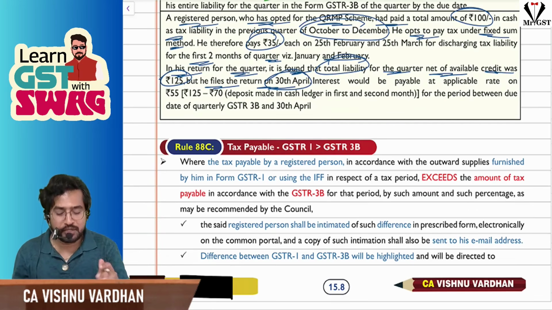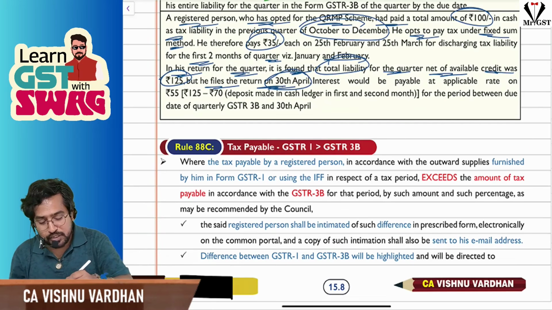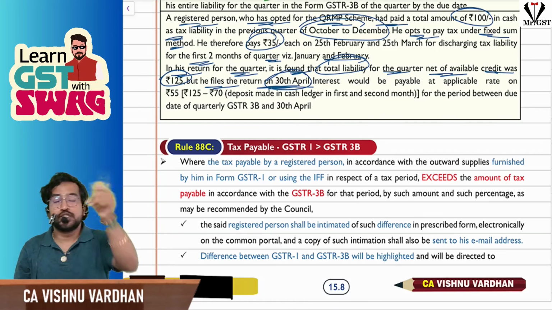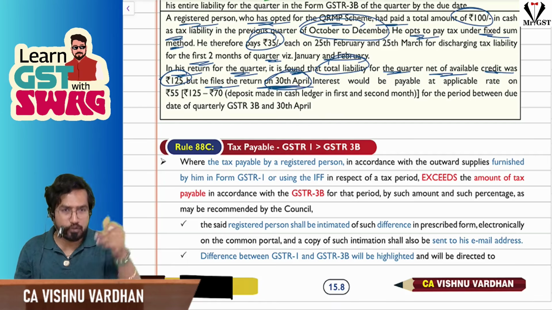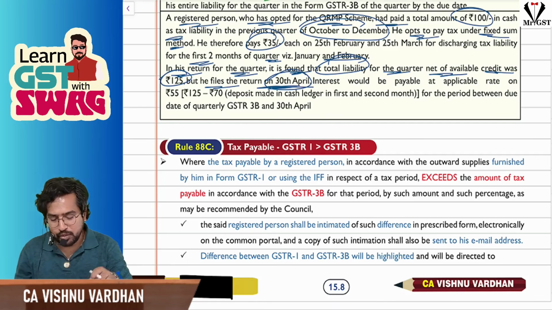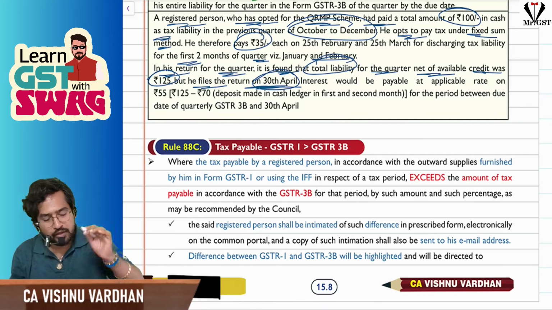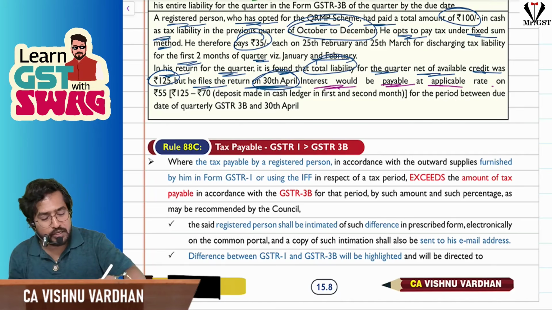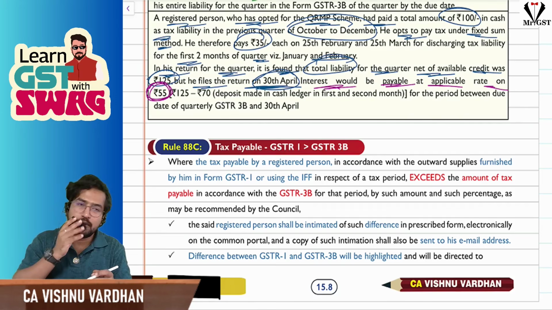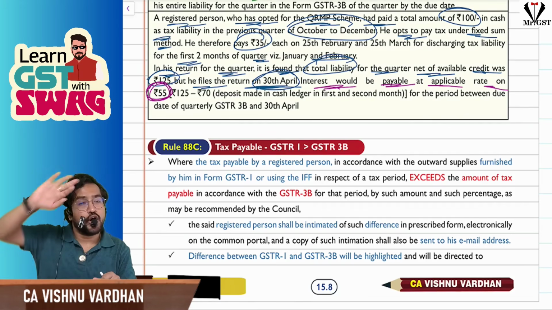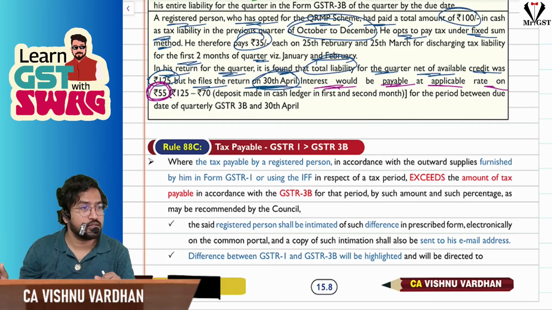Now, what this fellow is doing, this fellow is filing when a shortfall is there. How much? 55 yet to pay. So now interest will come on what? Interest would be payable at the applicable rate because your total liability is 125. Already in the cash ledger, how much is there? 70 deposited.